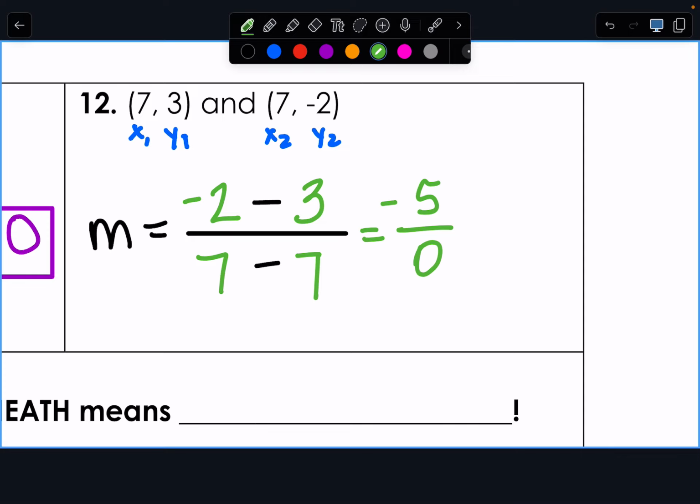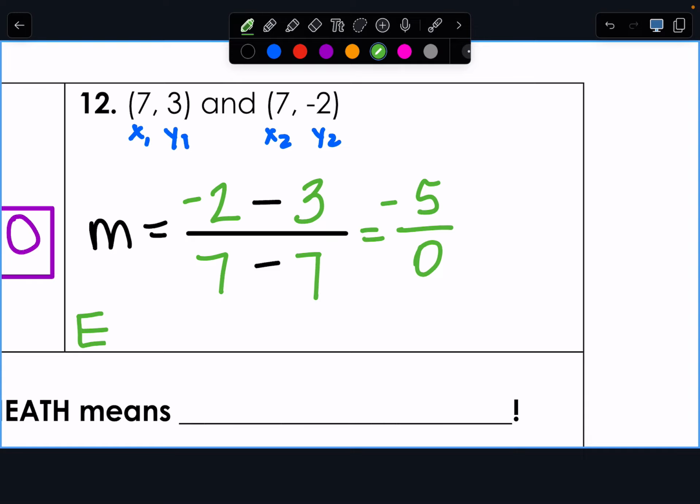Would you just do something for me? Would you take 5 divided by 0 in your calculator and tell me what pops up in the left corner of your screen? Error. Yes. Oh, is there like a little E in the corner? Little E in the corner, E for error.